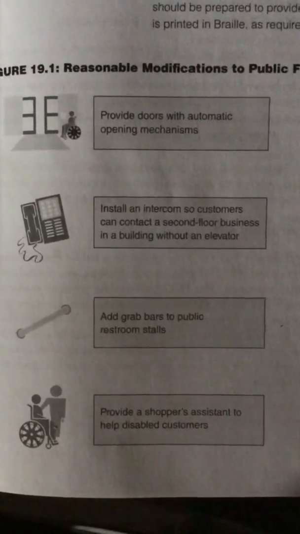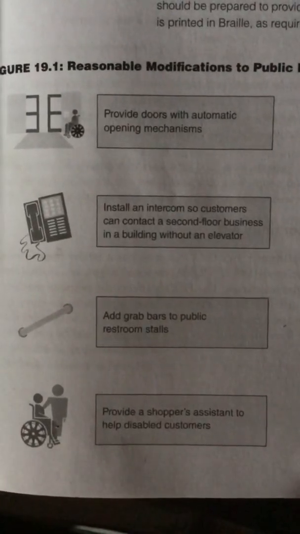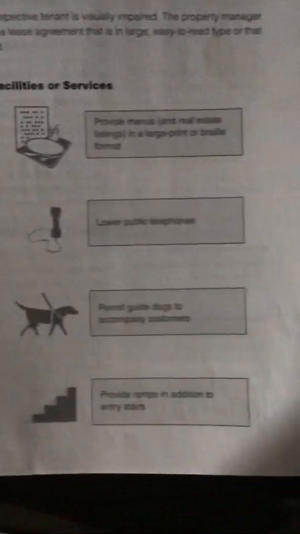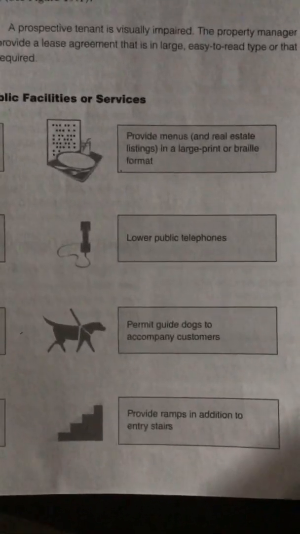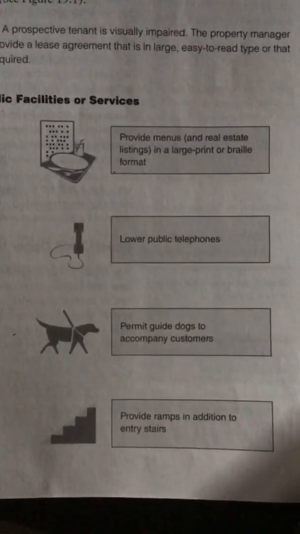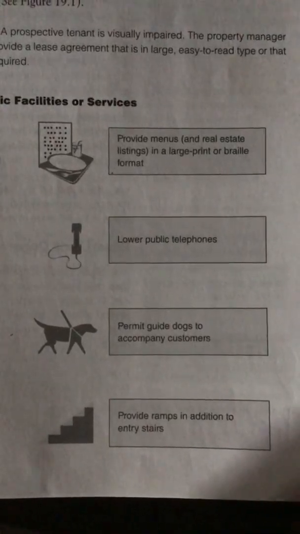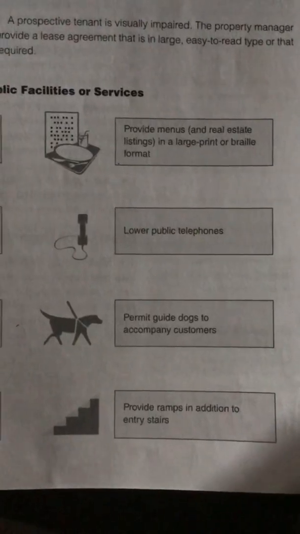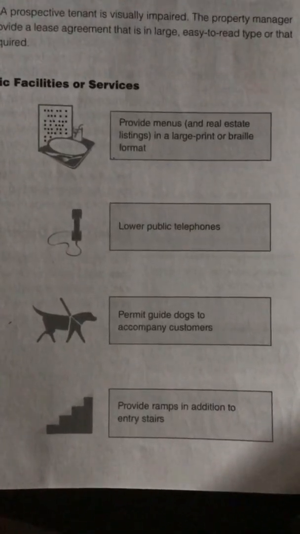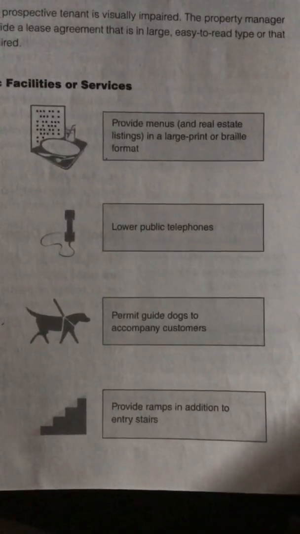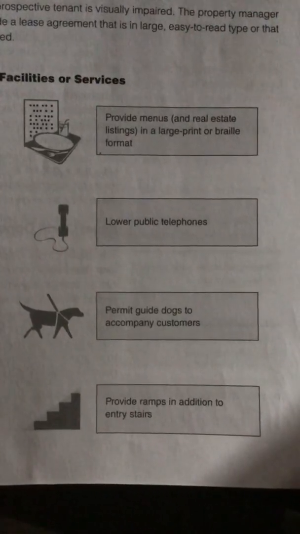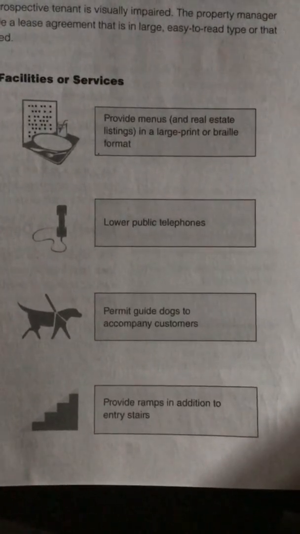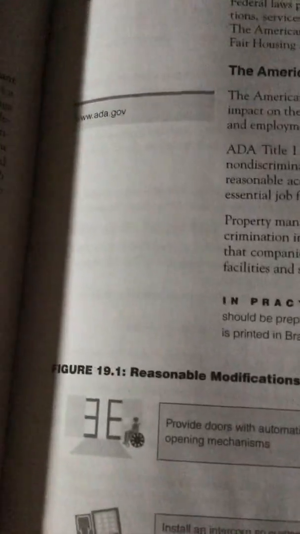Provide a shopper's assistant to help disabled customers. Provide menus and real estate listings in a large print or Braille format. Lower public telephones. Permit guide dogs to accompany customers. Provide ramps in addition to entry stairs. www.ada.gov.